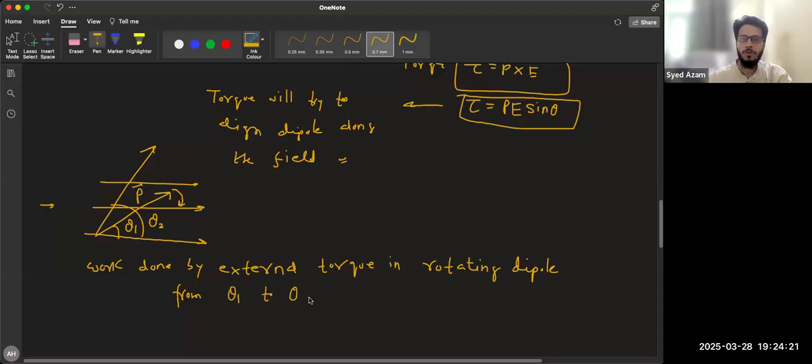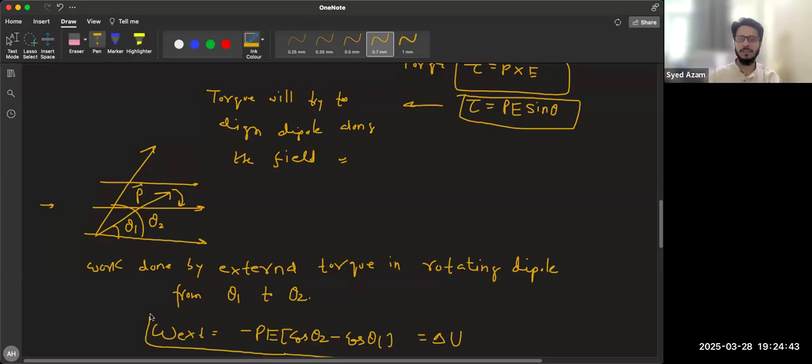If you want to rotate the dipole from theta 1 to theta 2, then you need to do some extra, external work. That external work done is minus PE (cos theta 2 minus cos theta 1). And this work done gets stored in the form of change in potential energy. So this work done by the external source in rotating the dipole from angle theta 1 to theta 2 gets stored in the dipole in the form of potential energy.